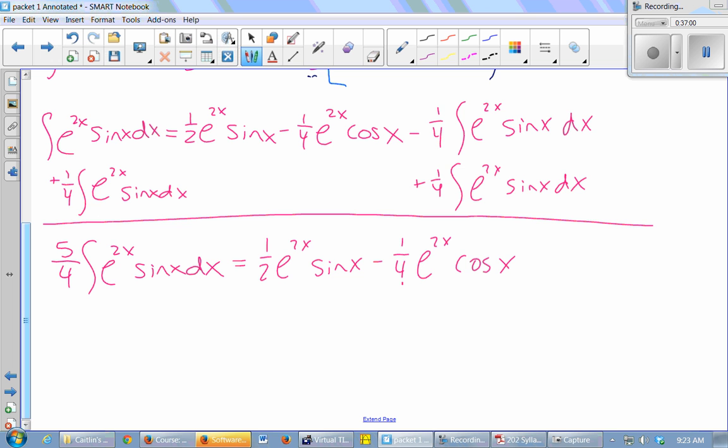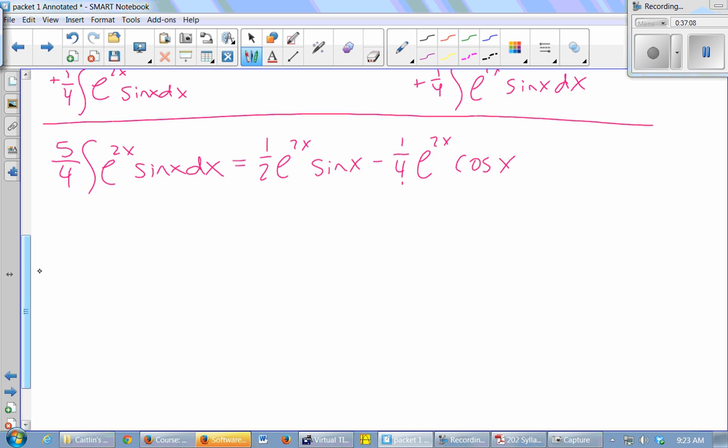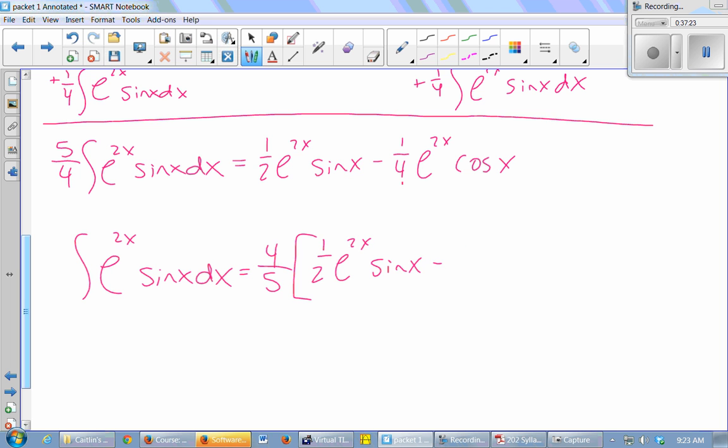Then multiply both sides by 4/5. And I should throw a plus C on.